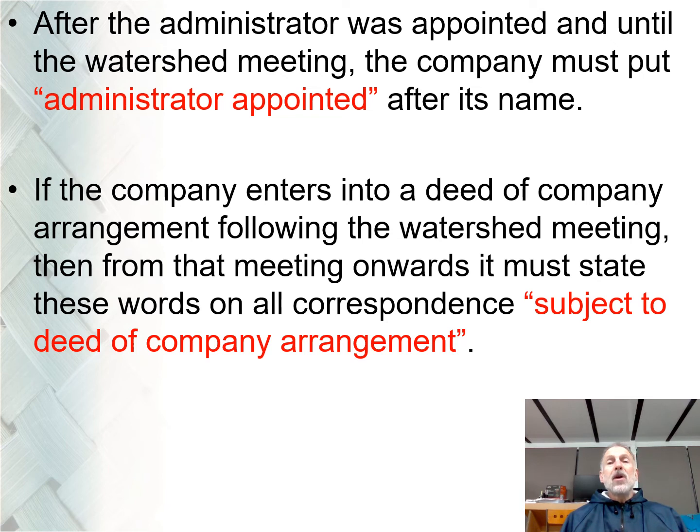If the company enters into a deed of company arrangement following the watershed meeting, then from that meeting onwards, it must state these words on all correspondence: "subject to deed of company arrangement." So in other words, if there's a DOCA agreement, "subject to deed of company arrangement."